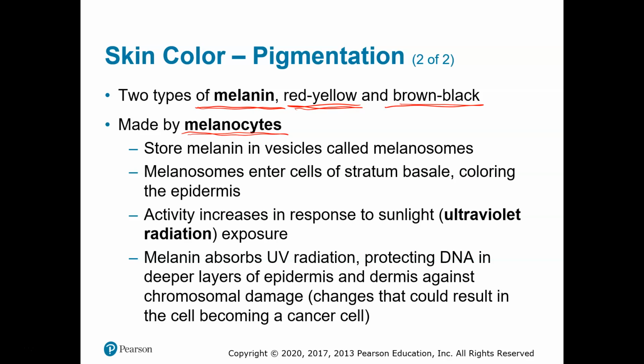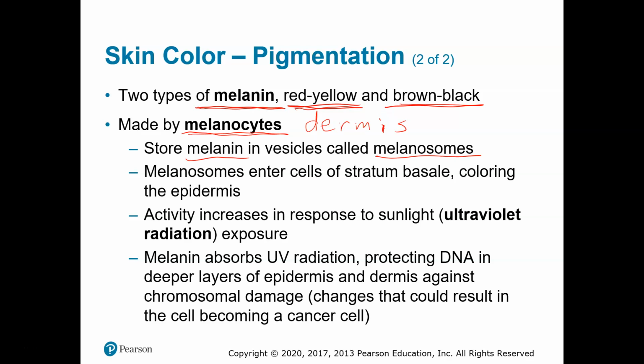Melanin is stored in vesicles called melanosomes. And they enter cells of the stratum basale, which means melanocytes are located in the dermis, in the upper dermis. They are not located in the epidermis. These are cells of the dermis, the connective tissue below the epidermis.